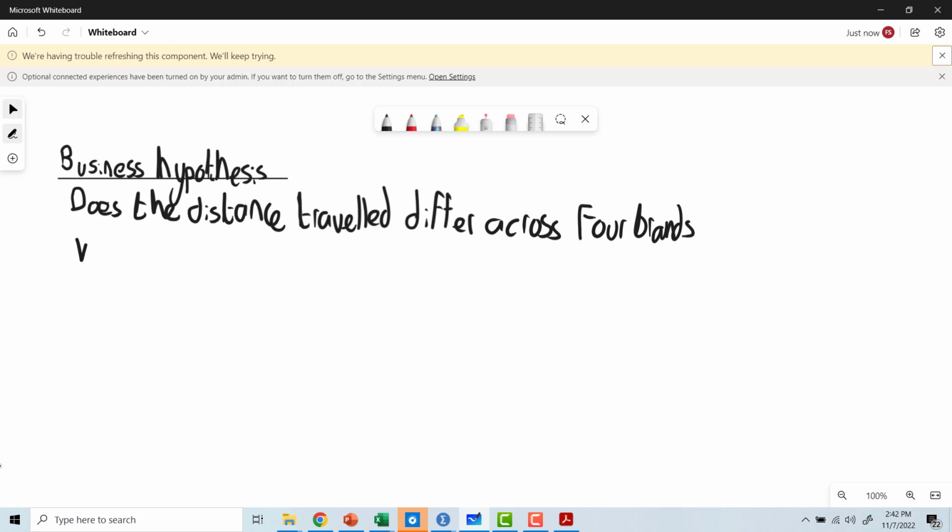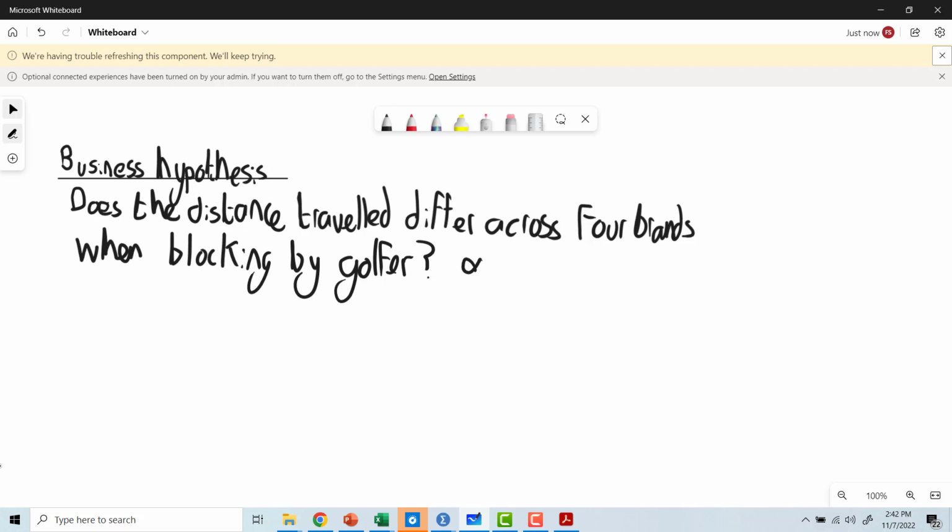When we're blocking by the golfer. And we're going to test it at alpha equals 0.05.